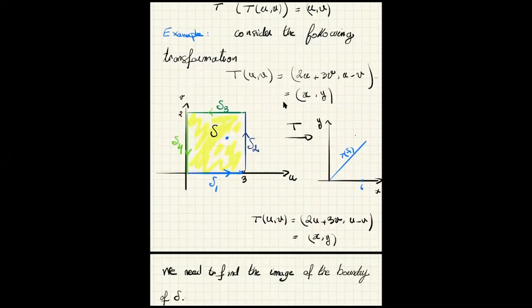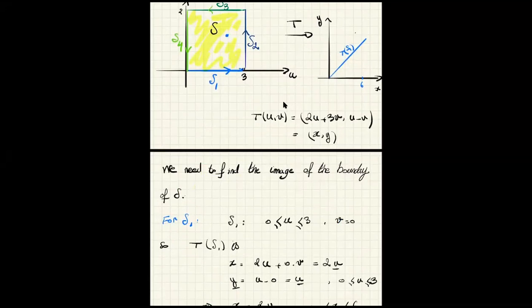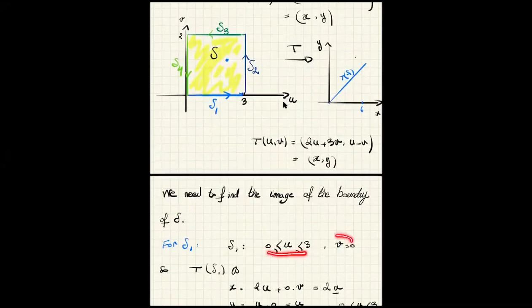Then what we did is we look at the boundary. We take the image of each boundary. So the boundary S1 is the line U between 0 and 3, and V is 0.